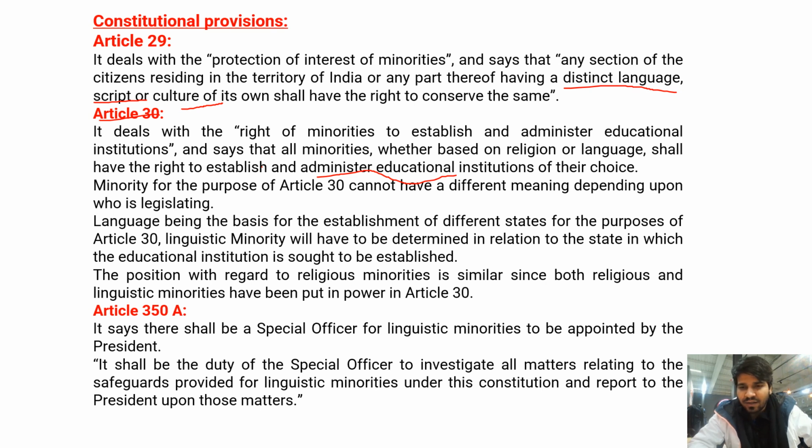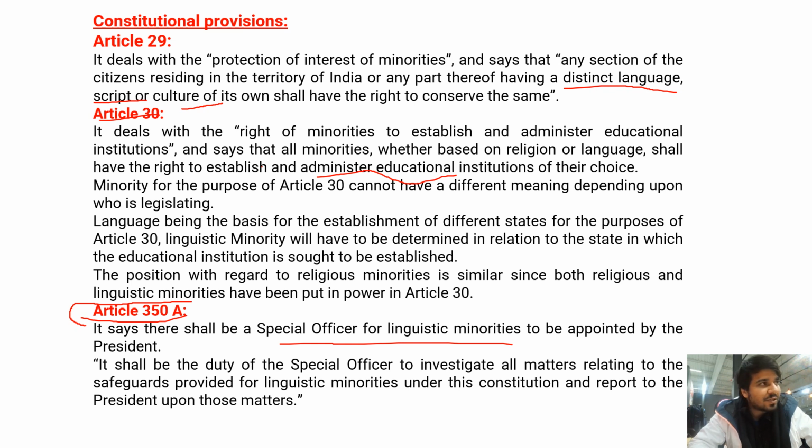Then there is another article, Article 350A. This is very important with respect to minority, in which president can appoint a special officer who could look after the rights and the provisions related to safeguards provided to the minorities in the Constitution. The special officer for linguistic minorities, right?